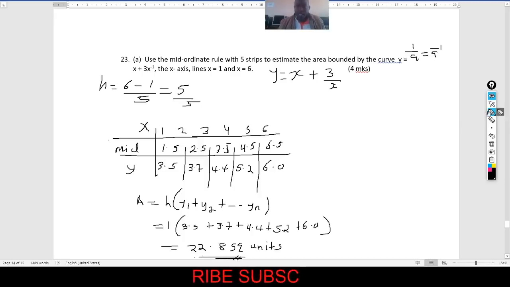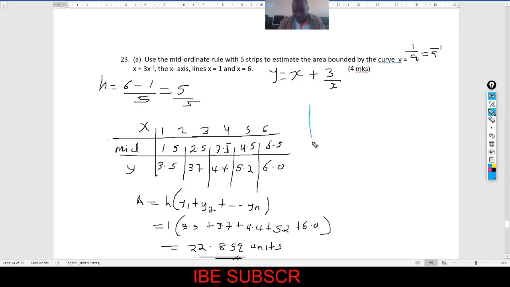So after getting the area, we move to the next point that we are using integration. Integration, you still do the same. Let me do it just here.